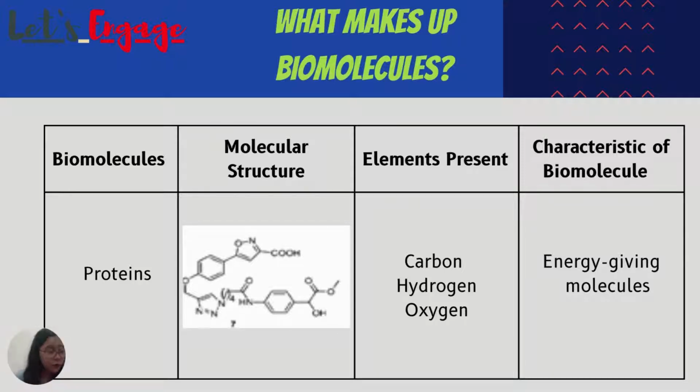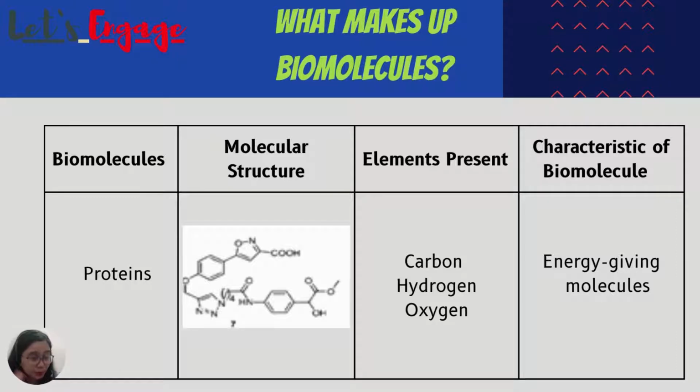Our biomolecule example is proteins. The molecular structure is given, so all you need to answer is the elements present. Where do we look? At the molecular structure and the characteristic, or the description, of that biomolecule.